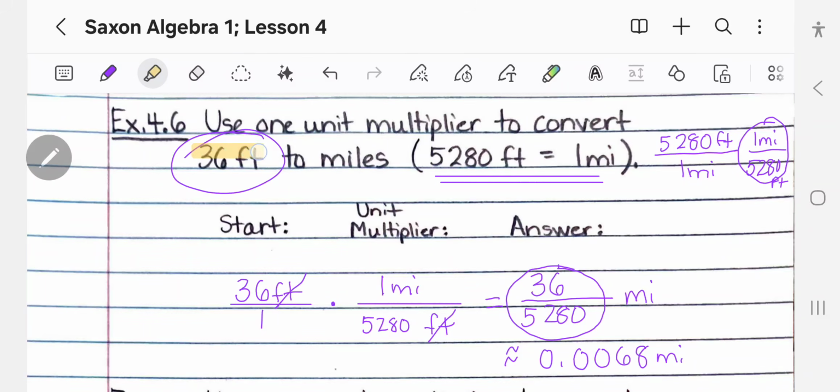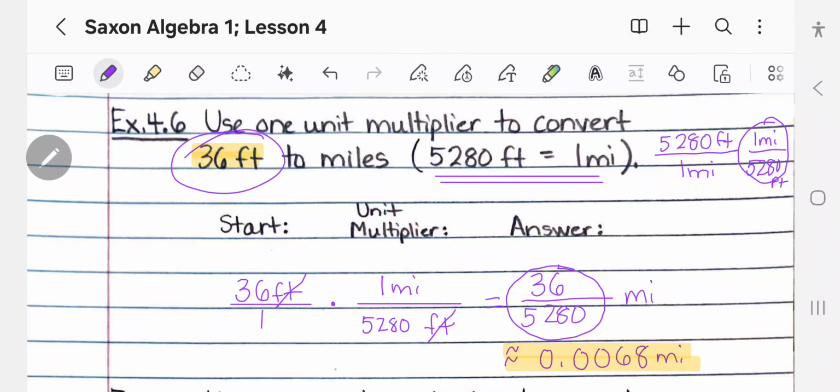We're converting 36 feet to miles. It takes 5,280 feet to make 1 mile. I don't have enough to make 1 mile. I don't even have enough to make a half of a mile or a quarter of a mile. It is a very small part of a mile. So when you think about it that way, this does make sense. And that is your answer.